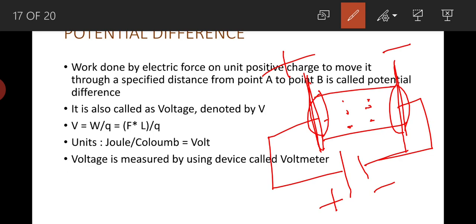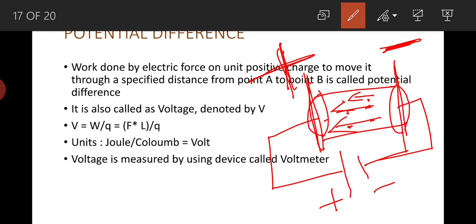So here I would like to say that potential difference is nothing but the driving force which moves the electrons from one place to another. When we apply potential difference, it means we are applying negative charge on one side and positive charge on the other side. So electrons are repelled by the negative terminal and attracted towards the positive terminal.